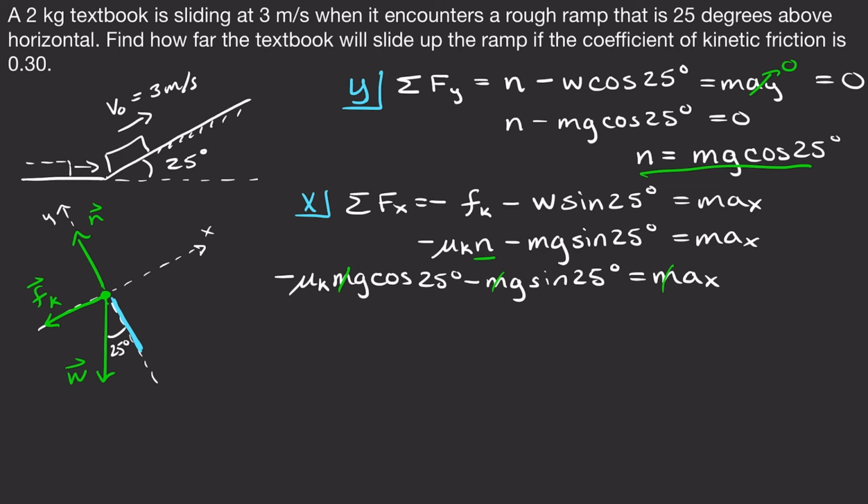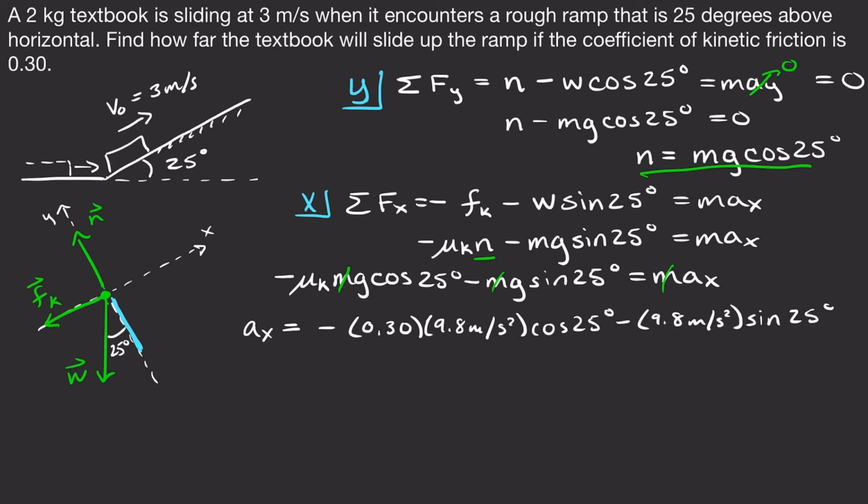So I just need to plug everything in. So minus 0.3 for my coefficient of kinetic friction times 9.8 meters per second squared cosine of 25 degrees minus 9.8 meters per second squared sine of 25. So you could factor out that g if you didn't want to put it in twice. And when you plug all this in, you should get minus 6.8 meters per second squared.